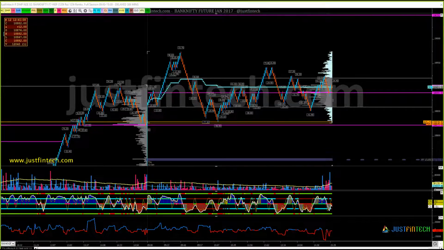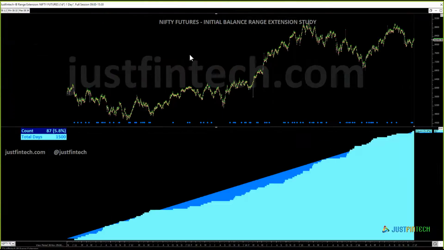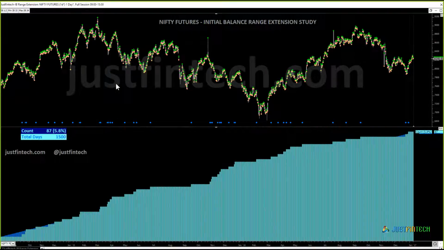And also, like yesterday, suppose we had been doing the initial balance range study, now today's initial balance was just 33 some points. So when the IB range is 32 to 34 points, there is a 5.8% chance of it extending 1.2x.